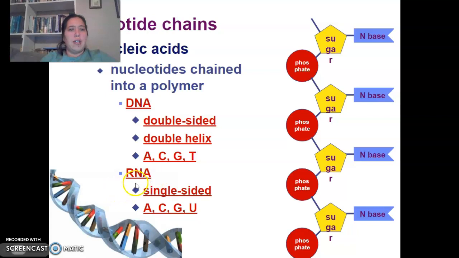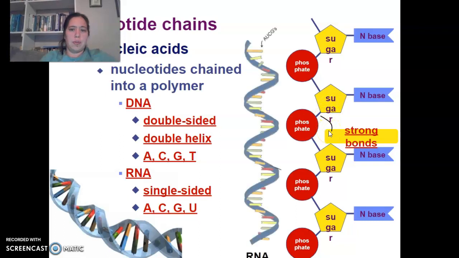For RNA, again, it's single-stranded, so it's like a one-sided staircase. And the nitrogenous bases in this case are going to be adenine, cytosine, guanine, and uracil. Okay, there are really strong bonds between the phosphates and the sugars. Okay, here's our RNA, single strand.